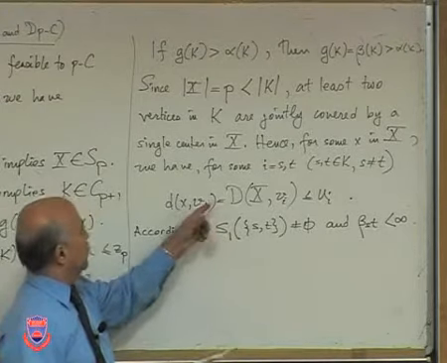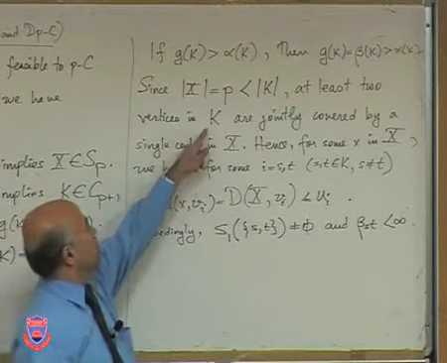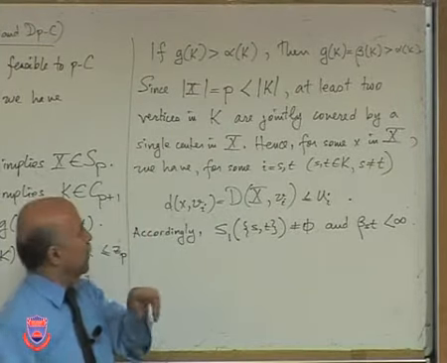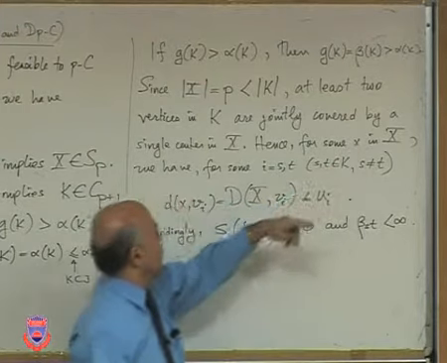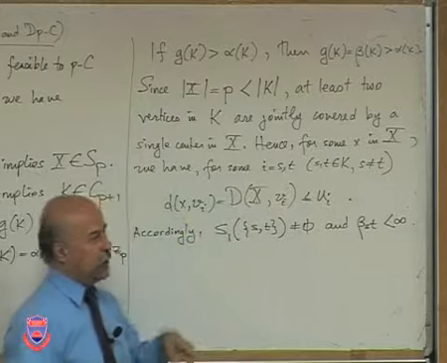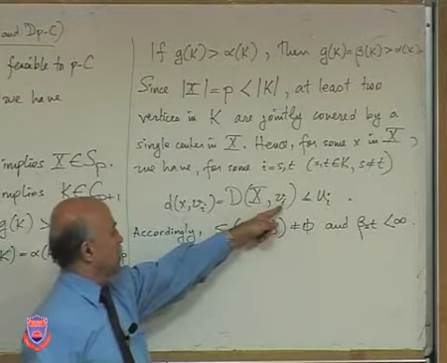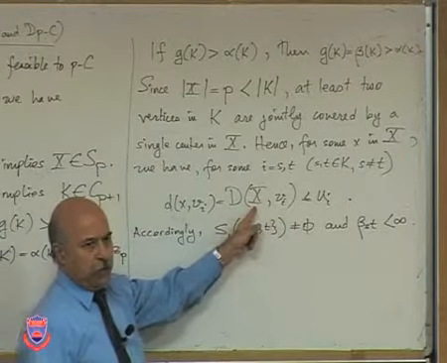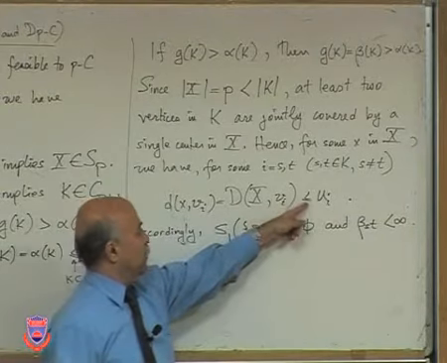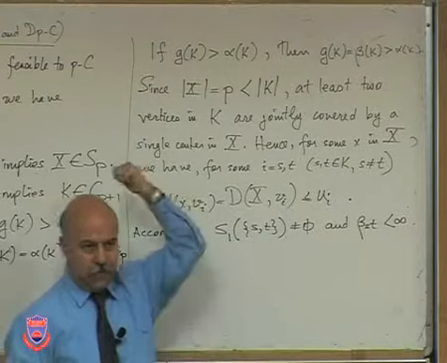First we concluded that there should be some 2 members of K that must be jointly served by a single point. So there is a single point X, in big X, and some 2 distinct vertices S and T, where the closest center from either S or T to capital X is defined by small x. And you are feasible. Why? Because capital X is a feasible solution by assumption.